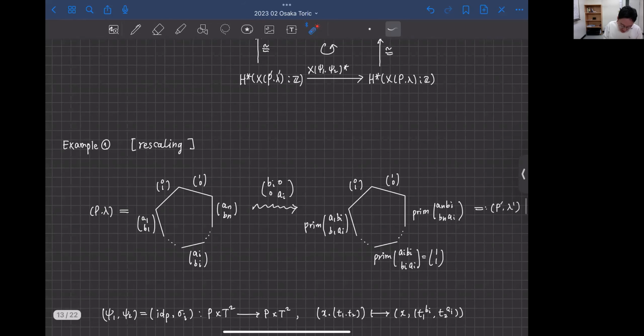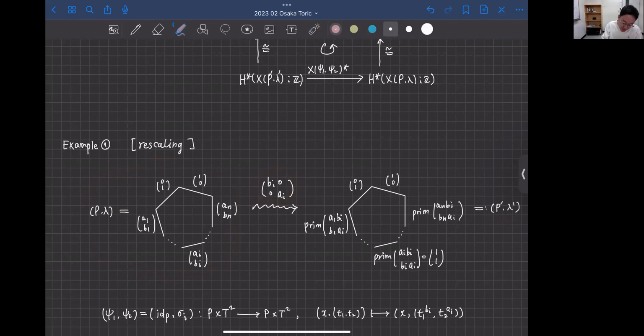So let's begin with the characteristic pair, just an arbitrary characteristic pair, something like this. And then think about another characteristic pair, P prime and lambda prime. I'm going to change the characteristic vector by multiplying this matrix and then taking a primitive.